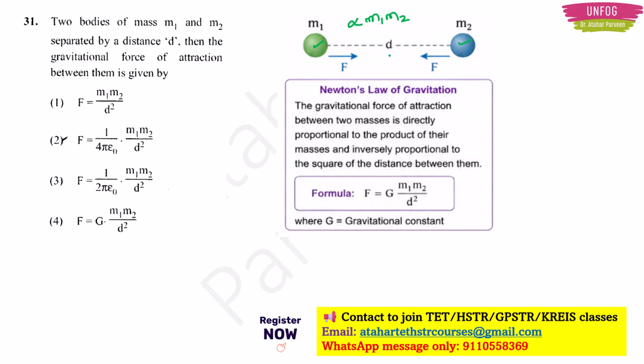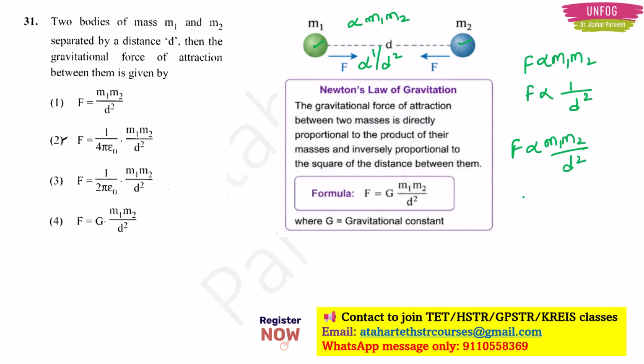So the distance between the two masses is d here, right? And it is inversely proportional to the square of the distance between them. If you combine both things, that the gravitational force is proportional to m1 into m2 and inversely proportional to the square of the distance between them, then you will get this formula: F is proportional to m1 m2 by d square.